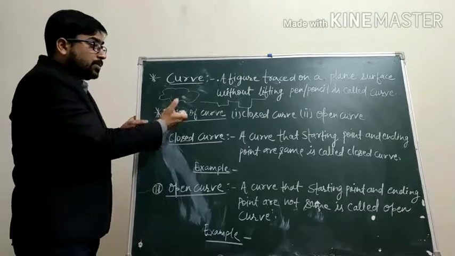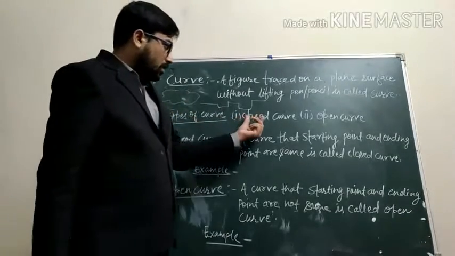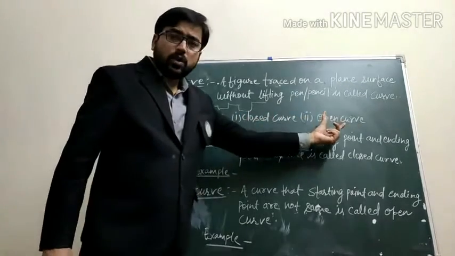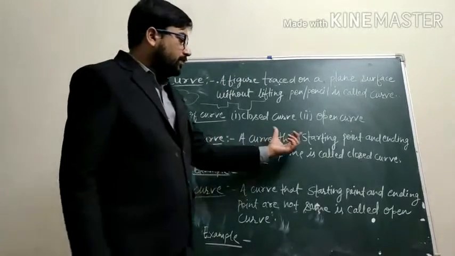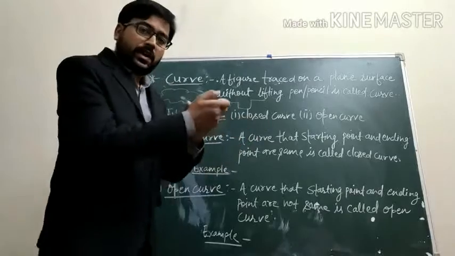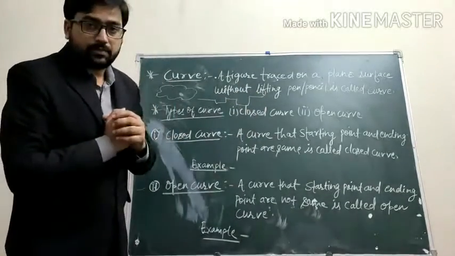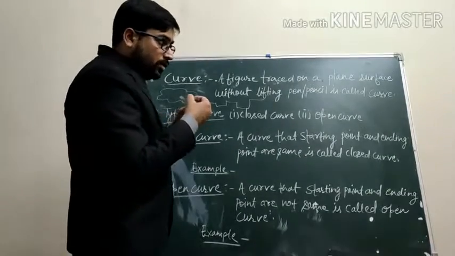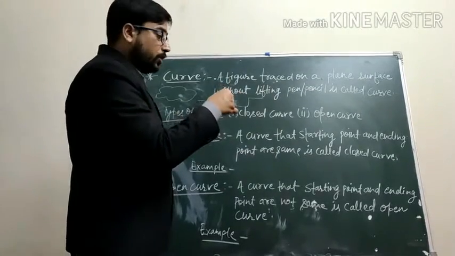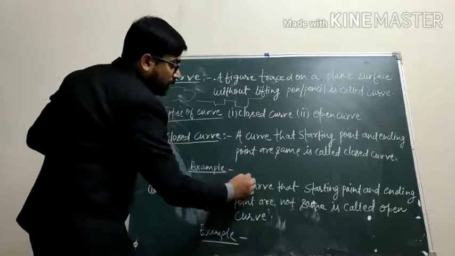Now, types of curve: closed curve and open curve. Closed curve means a curve whose starting point and ending point are the same. That means any curve whose starting point and ending point are the same is called a closed curve.